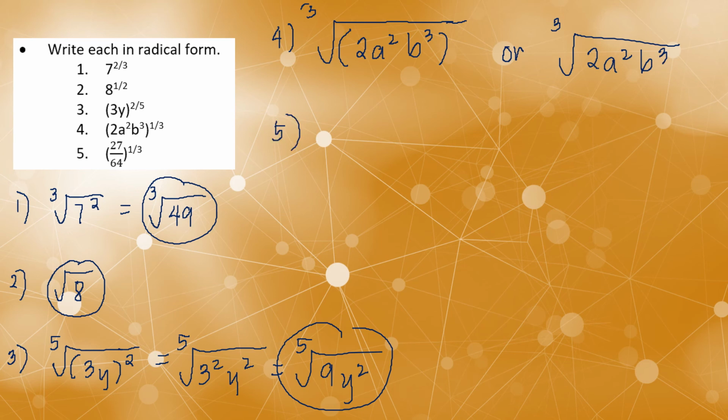Number 5, we have 27 over 64 raised to 1/3. So that is the cube root of 27 over 64. So that's how we write it in radical form.